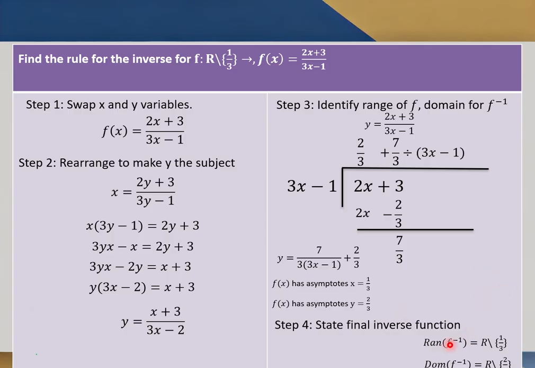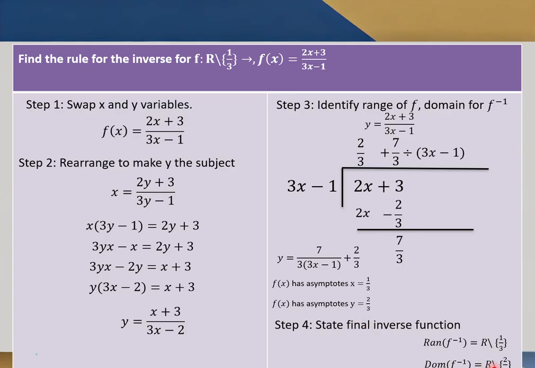This means if we're thinking about our range and our domain. So our domain is stating here that we have got all real numbers except for 1/3. So this turns into our range. Our other asymptote, which we've got, is y is equal to 2/3. That was affecting our range.